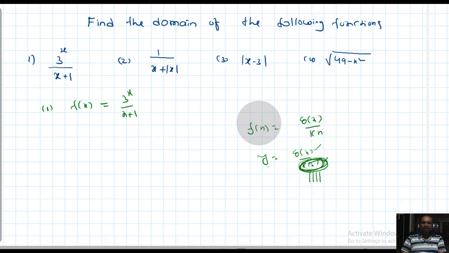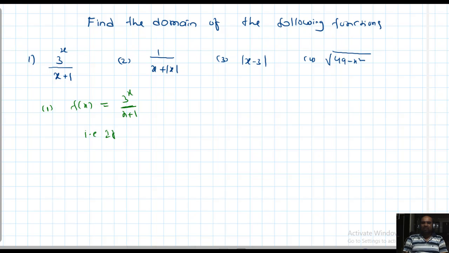Okay, so what happened here? See, 3 power x, no problem with 3 power x. In the denominator, x plus 1 is there. If in the denominator instead of x you write minus 1, then this fraction won't be defined. Except that, the fraction will be defined. That's why, if x equal to minus 1, then f of x is not defined.